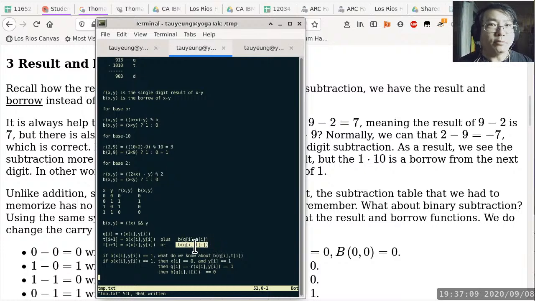Because if I can guarantee that, and also that if this is a 1, then this has to be a 0, then I know for sure that I can use a disjunction instead of an addition, because the two sides cannot be 1s at the same time.